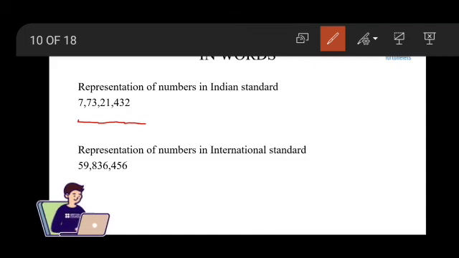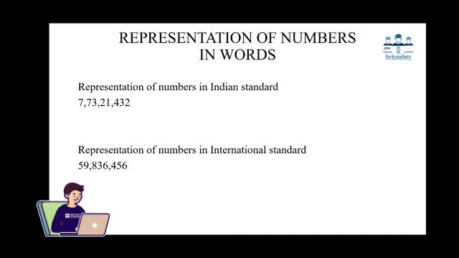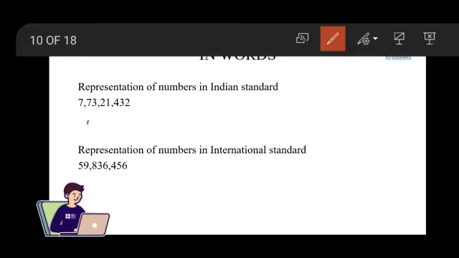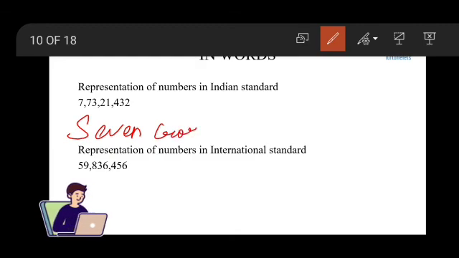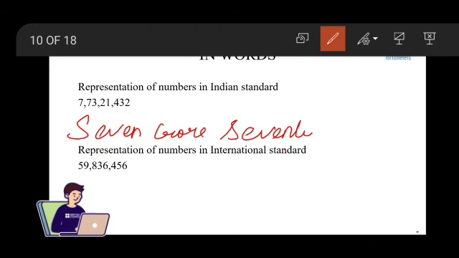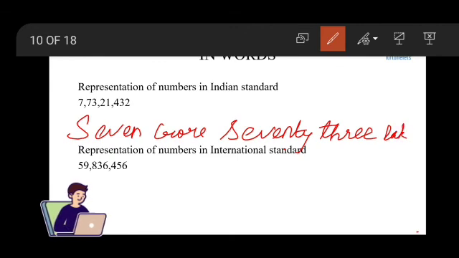Let's represent it in words. 7 crore, 73 lakh, 21,432.